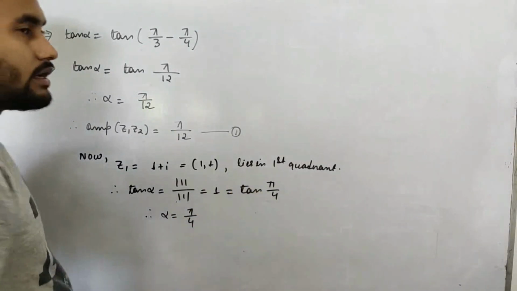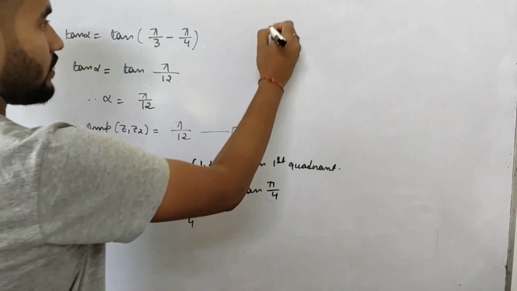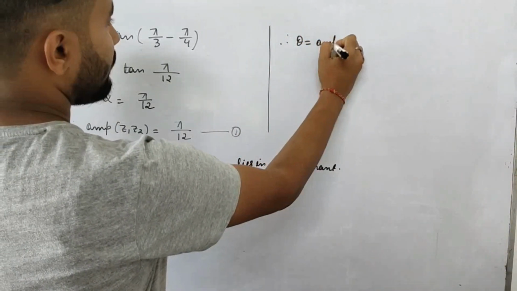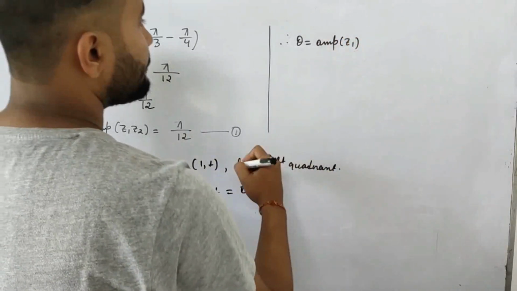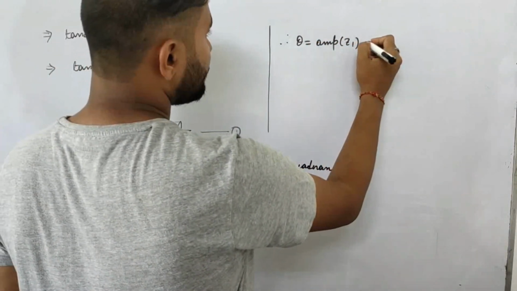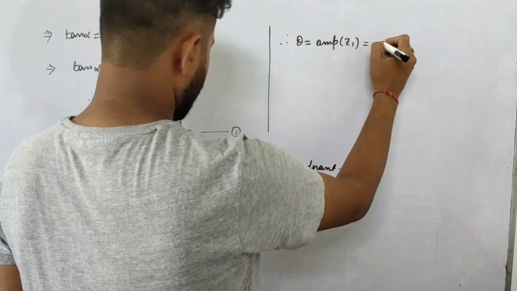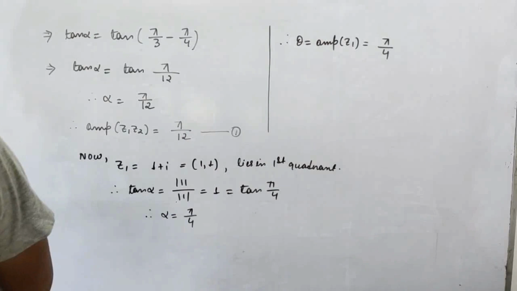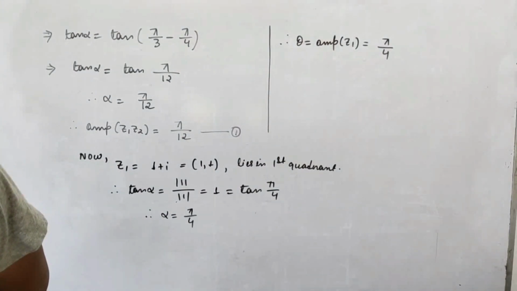Now this is in the first quadrant, so theta is equal to alpha. So theta, which is AMP of Z1, will be equal to alpha, that is pi by 4.